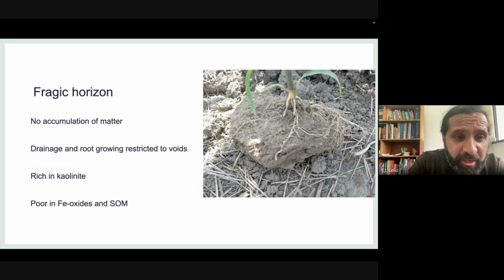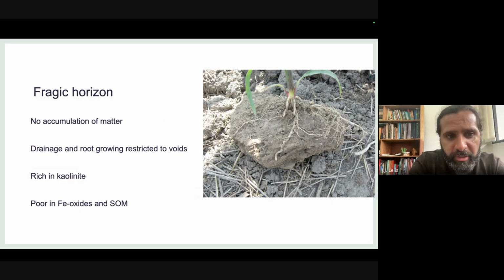We have the Fragile horizon. The Fragile horizon is one step below the coesic horizon. So we have some adhesion, we have high bulk density, and because of this, the roots start to grow laterally, but not as intensely as in the coesic horizon.